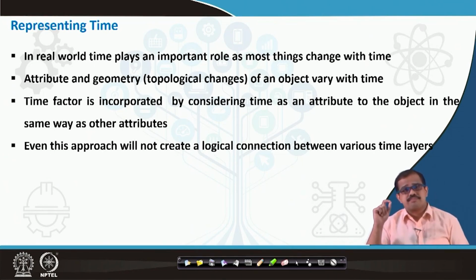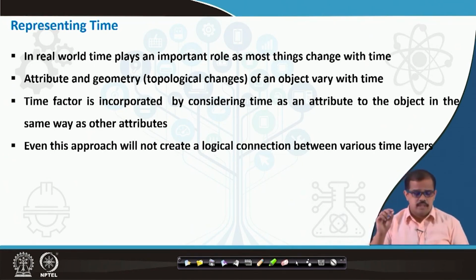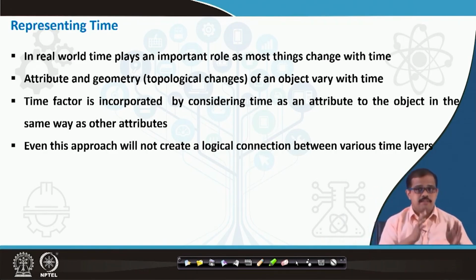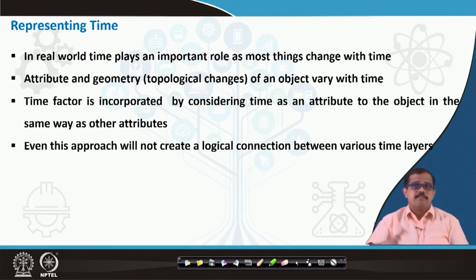Even so, this particular approach will not create any logical connections between various time layers, but it gives you meaningful information on how things have evolved over time. For example, there is an attribute that has evolved over a period of time, but it does not give you any logical connection.